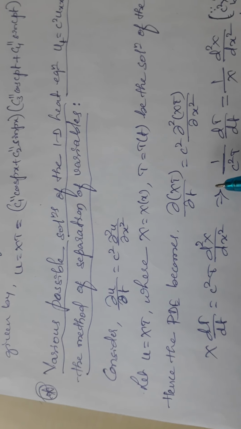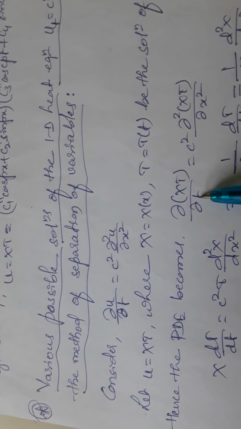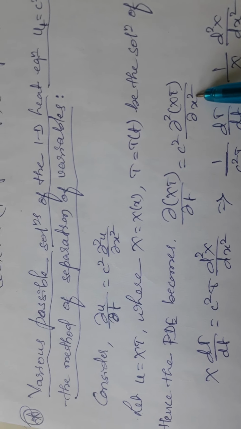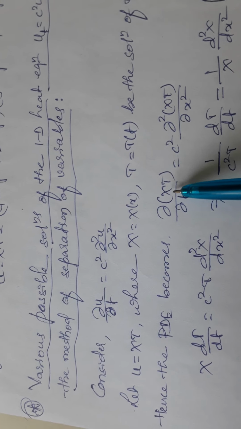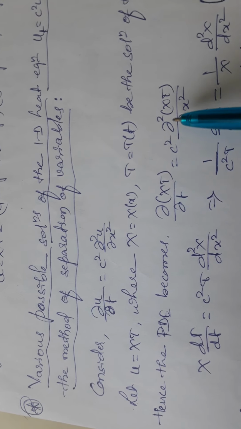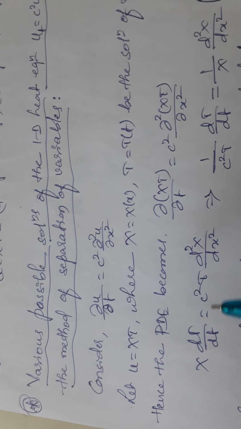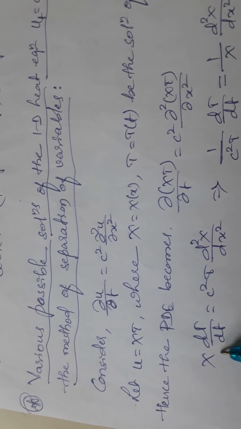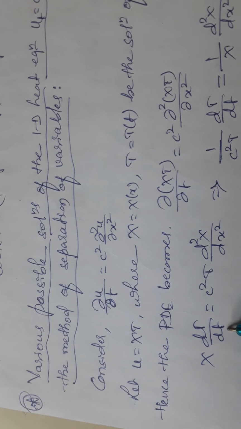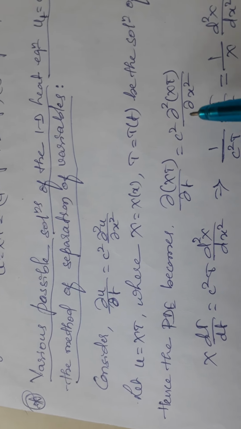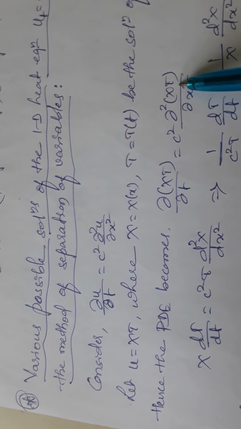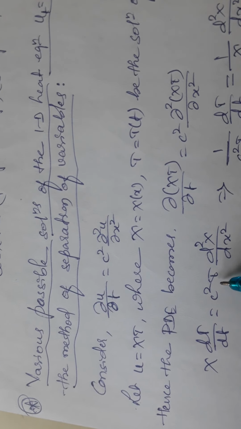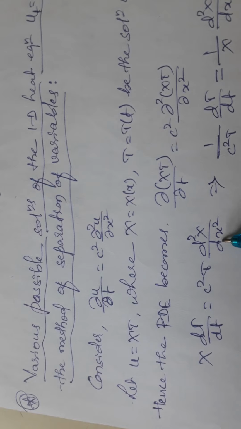Here the LHS is a function of t only and the RHS is a function of x only. Now here x is a constant and here t is a constant, therefore we can treat it as an ODE. Take x as a constant, then it is x dT by dt equal to, here a function of x only, therefore take t as a constant, c square t d2x by dx square.